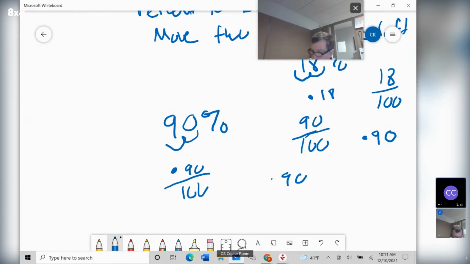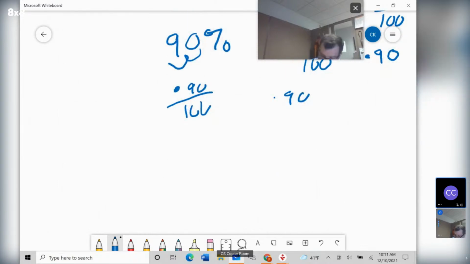Okay, and if you get, let's try another one here. If we get 115.9%, okay, how are we going to write that as a decimal? Well, remember, we want to move it 2 places to the left. So if we move 2 places to the left, it'd be 1, 2.